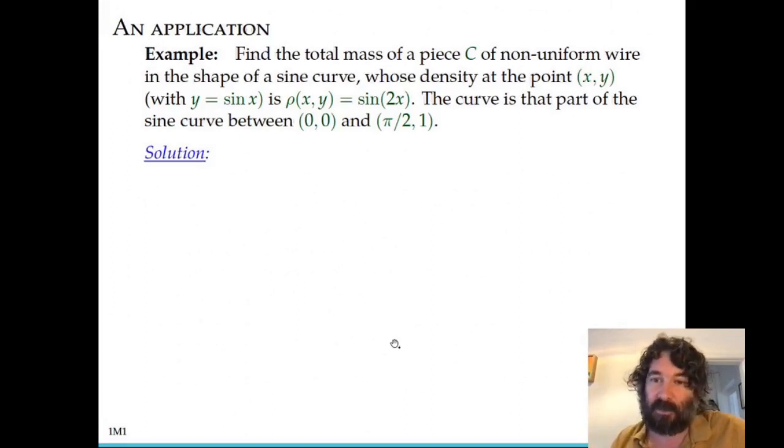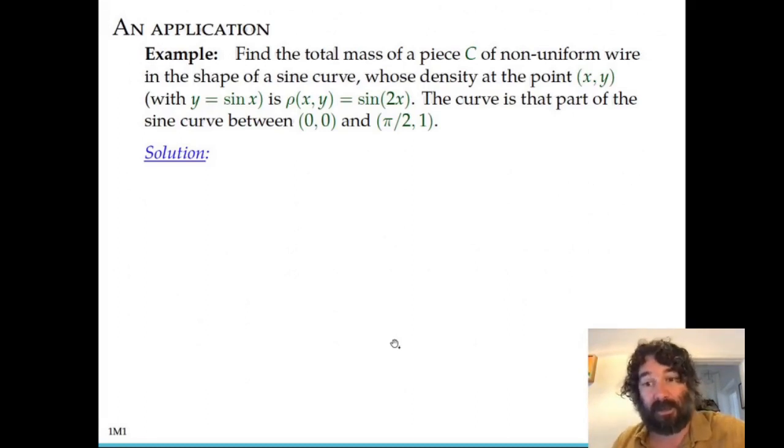When we were talking about double integrals, I talked about finding the mass of a plate, and the density was the surface density, mass per unit area. And here the density is the linear density, mass per unit length. And so we have a thin wire, and the two dimensions that are perpendicular to the direction of the wire are simply disregarded, and we just think of the density per unit length.